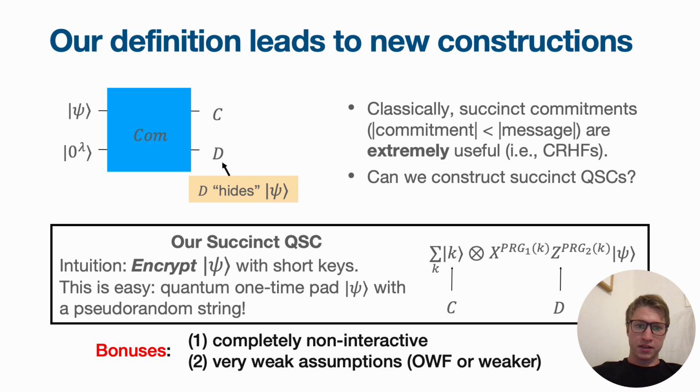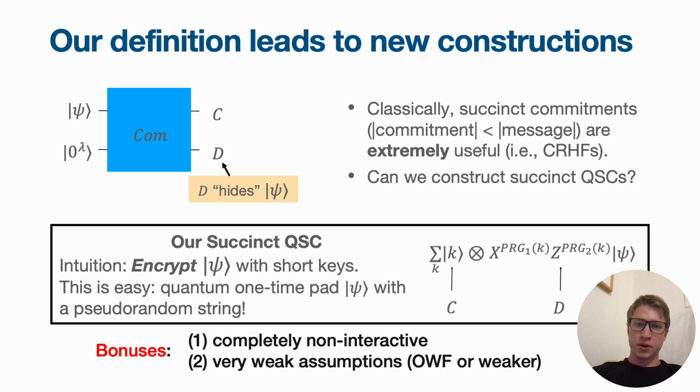Okay, and actually as some extra bonuses, this scheme has some extra features that were not present for the classical succinct commitments. So first of all, it's completely non-interactive, whereas for a CRHF, it inherently requires the receiver to first send a key to the sender. For our succinct commitments, there's no such requirement.